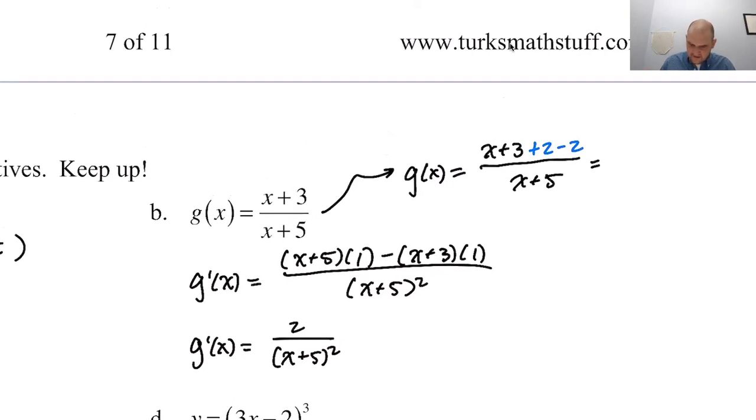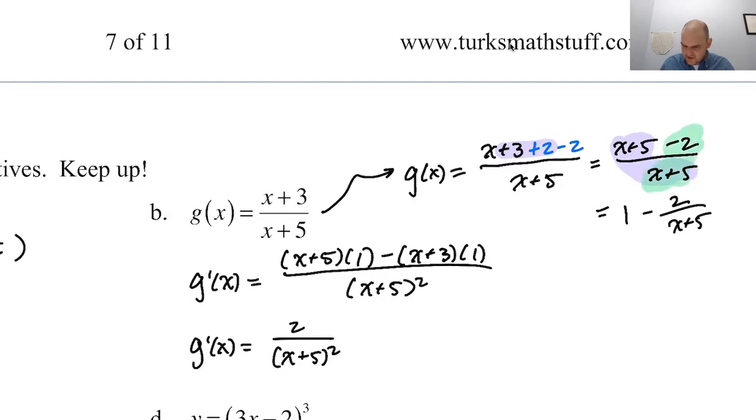But if we combine these, the plus 3 plus 2, we get x plus 5 minus 2 over x plus 5, which simplifies to 1 minus 2 over x plus 5, because the remaining part would give me the minus 2.